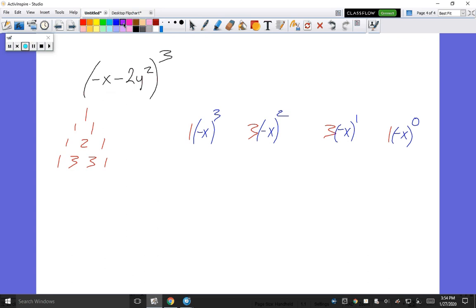In parentheses, 3, 2, 1, 0. Preemptively, they're all adding. To make things look easier, I'm going to do it right now. I'm going to erase those things that are to the power of what? 0.